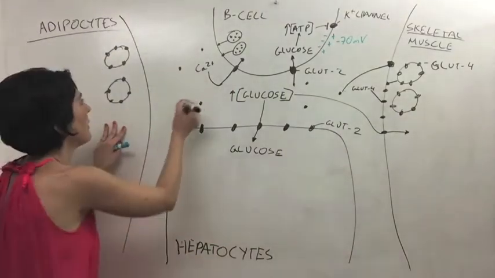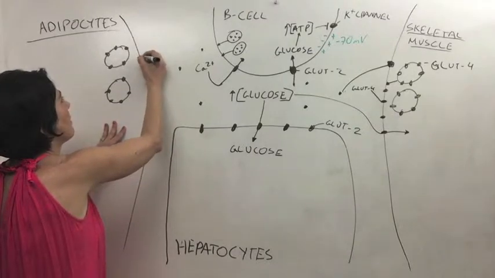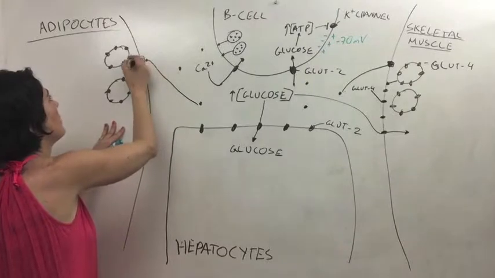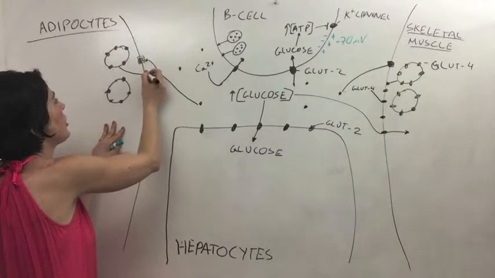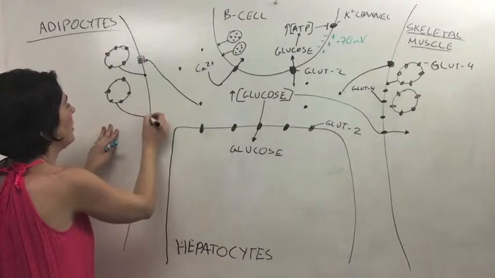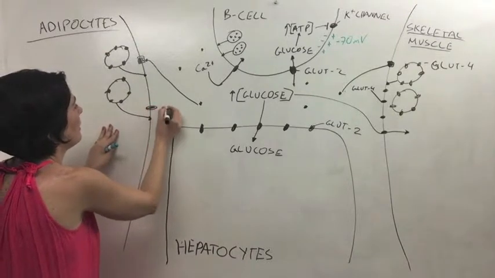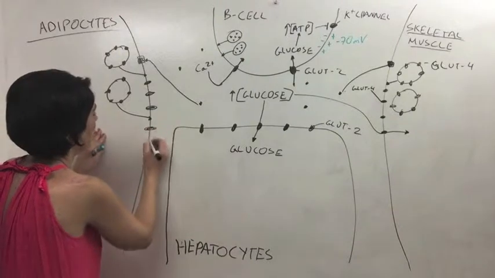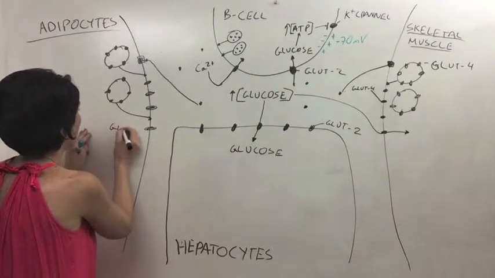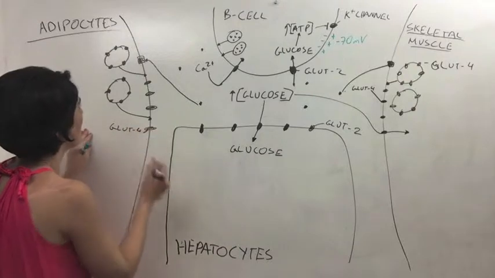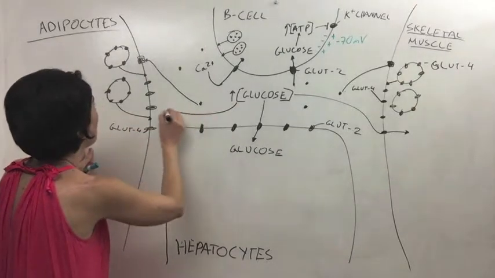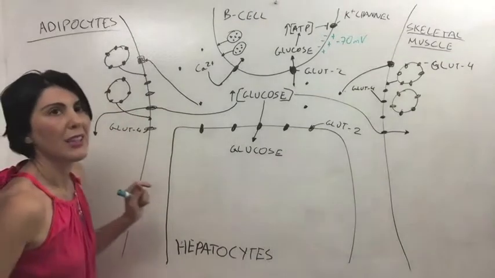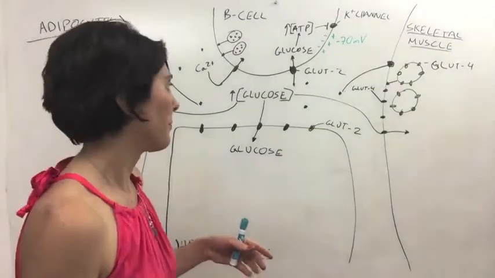So you're going to get insulin binding to the insulin receptor, causing the movement of these channels to the membrane of the adipocytes. So you get the GLUT4 transporters inserting into the membrane. Glucose can then enter the adipocytes so that it can be processed and stored.